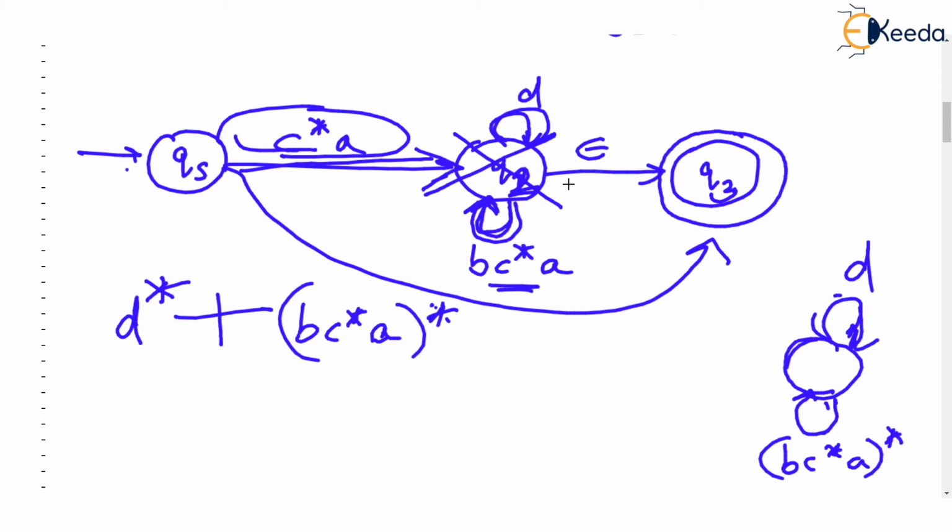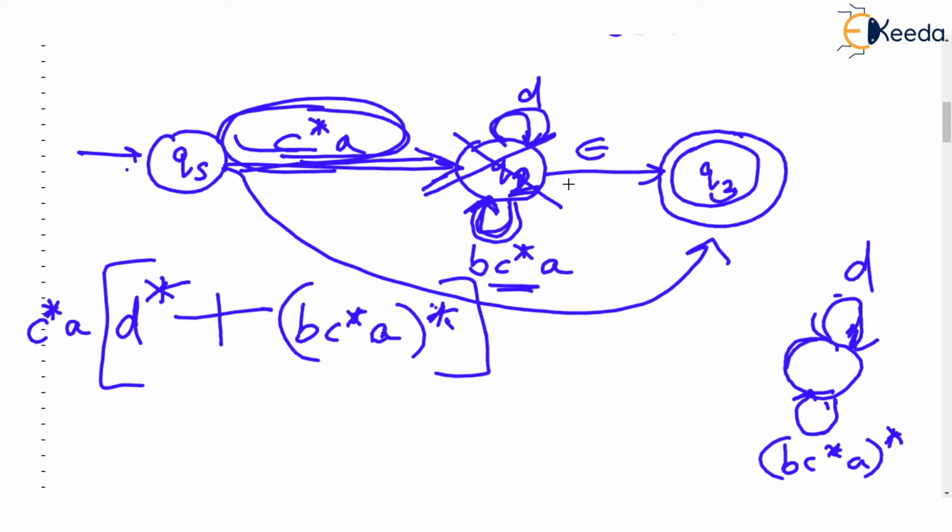And before this, there is a concatenation with C star A. C star A concatenated with either D star or the star, that is the closure of B C star A, and that takes us to Q3.